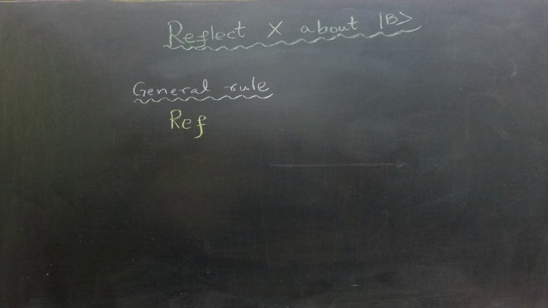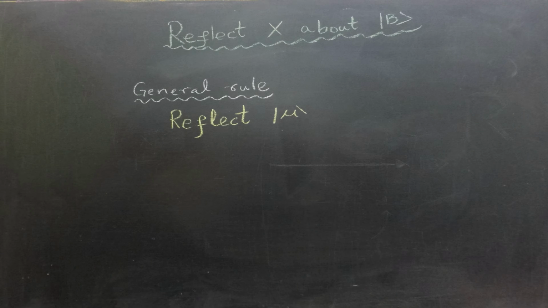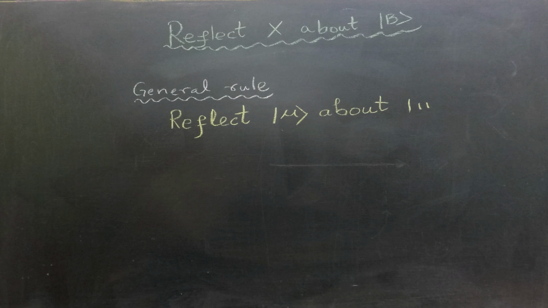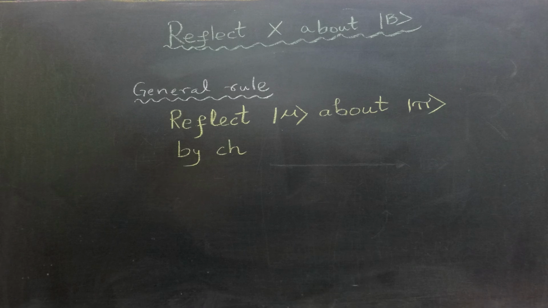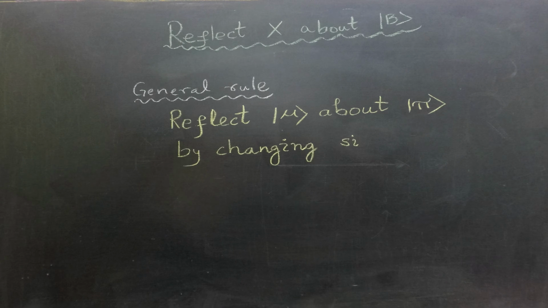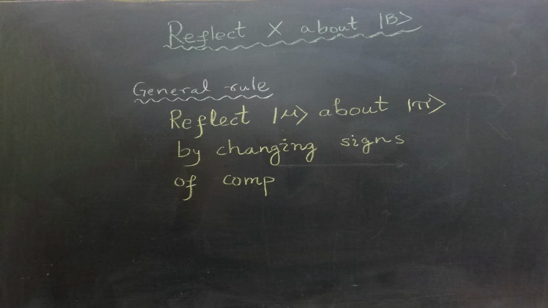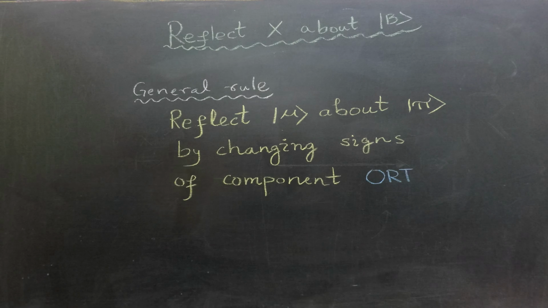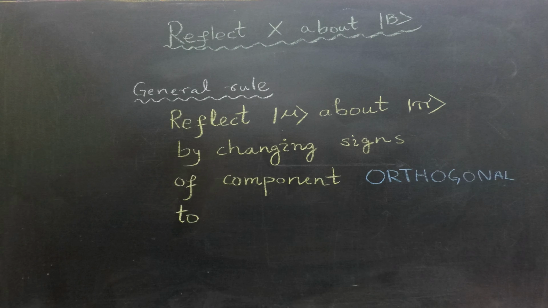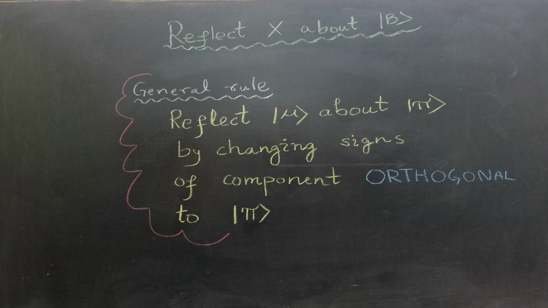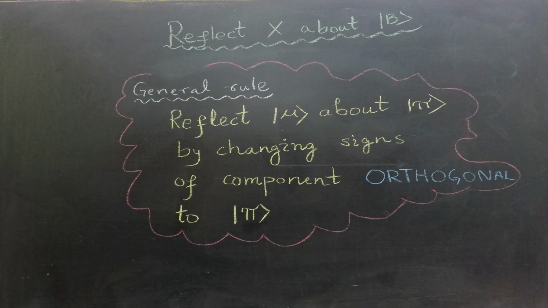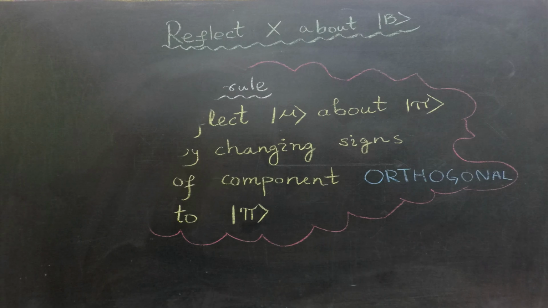In general, we can state that we can reflect ket mu about ket pi by changing the sign of its components orthogonal to ket pi. In our specific scenario, ket A was orthogonal to ket B, so we change its sign accordingly. We will use this rule again later, so please make a mental note about it.